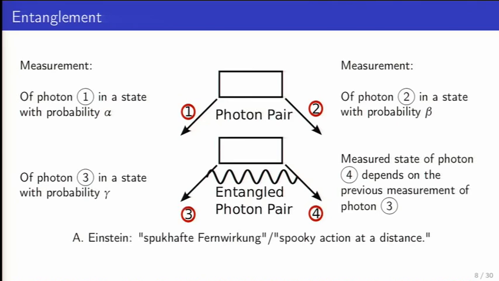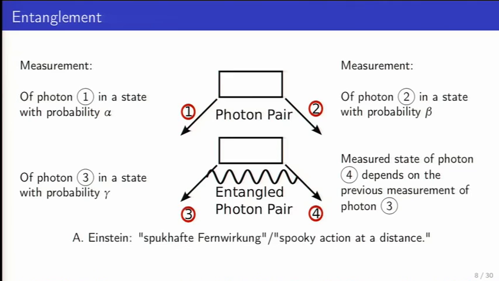And I would like to introduce to you the quantum effect of entanglement. At first, in the quantum regime, when you measure things, you don't measure deterministically but probabilistically. So when you measure the photon 1 in a state, you measure it with the probability of alpha.